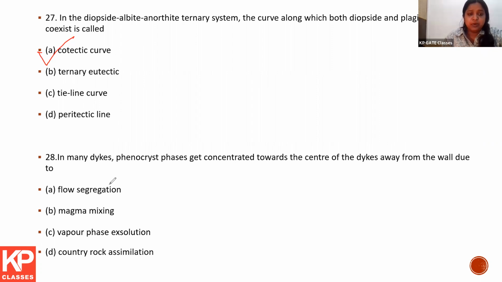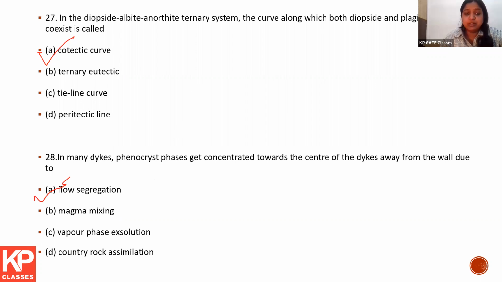Very easy. Now, in many dikes, phenocryst phases get concentrated towards the center of the dikes, away from the wall, due to flow segregation. Due to the flow of magma, phenocrysts will be concentrated towards the center of the dike. So that is flow segregation.